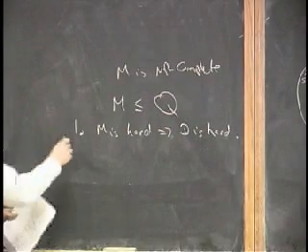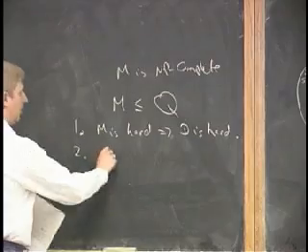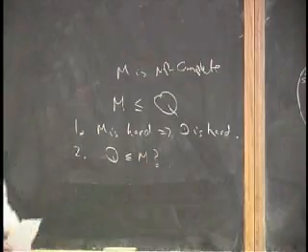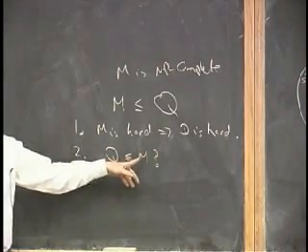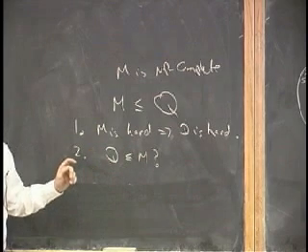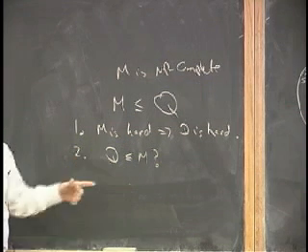All right. What if you did it the other way? What if you did this? And you knew that M was hard, and you reduced Q to M. What does that tell you about Q? Doesn't tell you much. It tells you that Q is easier than a really hard problem.